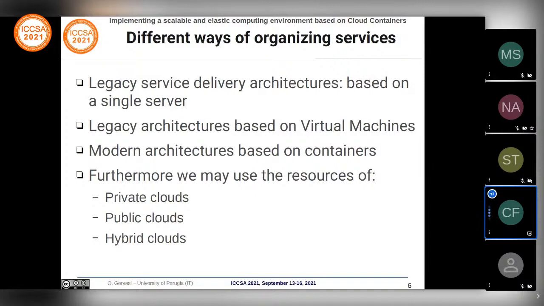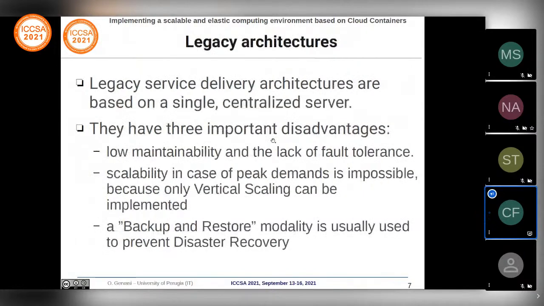Combining these two aspects, we may deploy the infrastructure we prefer. Of course, I repeat, for a public organization, for people managing sensitive information, the most reliable infrastructure is a private or hybrid cloud, based on Docker services.